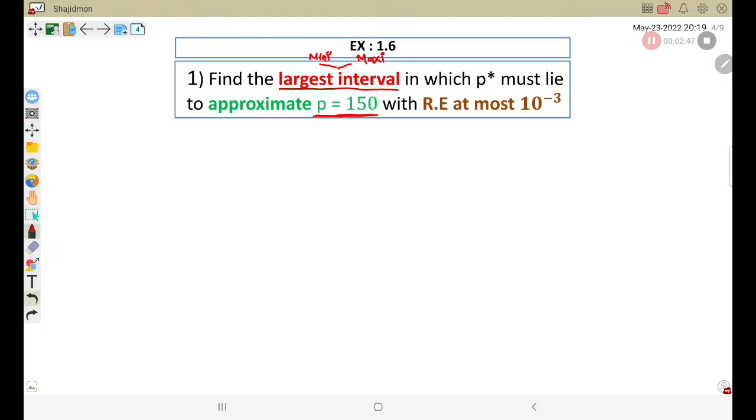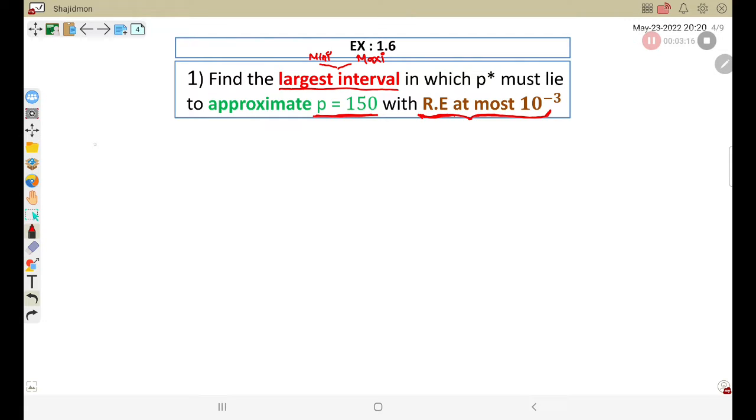The exact number is given, p equal to 150, with relative error at most 10 power minus 3. Maximum relative error should be 10 power minus 3. When we fix the relative error like this, what will be the largest interval containing the p star value? That means, what will be the interval from p star minimum to p star maximum? We need to calculate it, so we will go to answering this question.